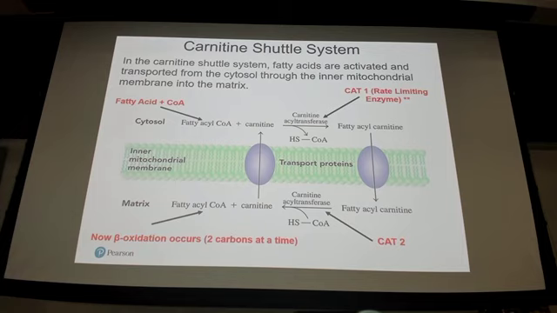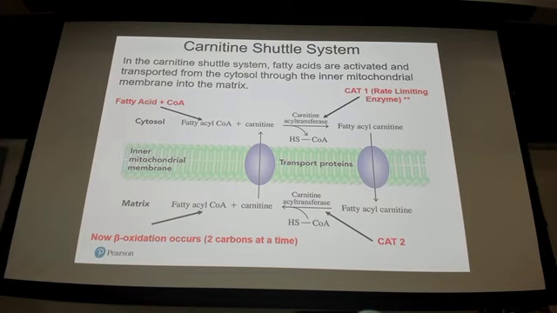Yes. So it looks like the end product is the same thing, the fatty acyl-CoA. Why does it have to be transported in and out just to be put back together? Because it's too big to go through the mitochondria on its own.